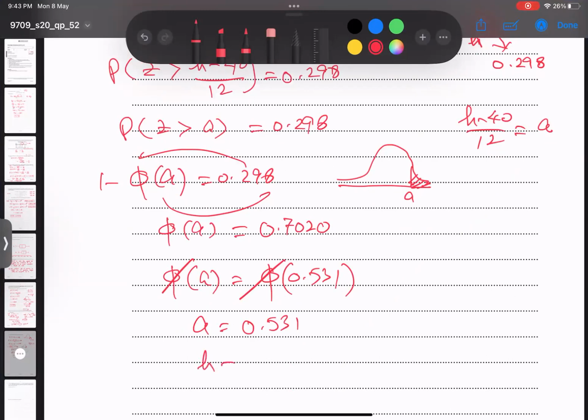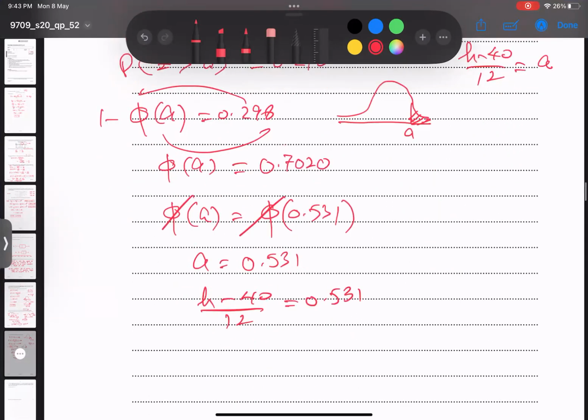So h minus 40 by 12 equals 0.531. 12 multiplies there and 40 added. If you type in the calculator, it is coming 46.4 meters. So this height is taken as the longer height.